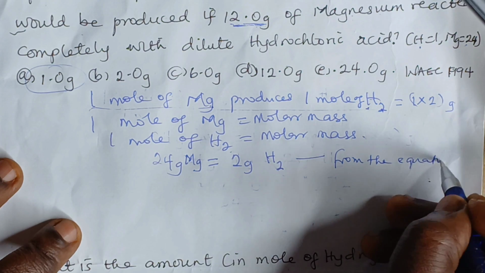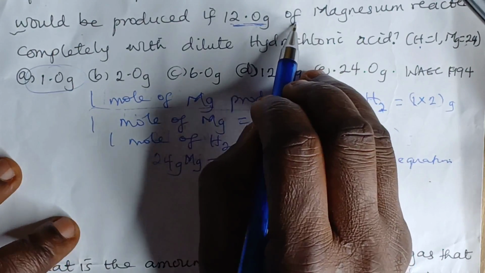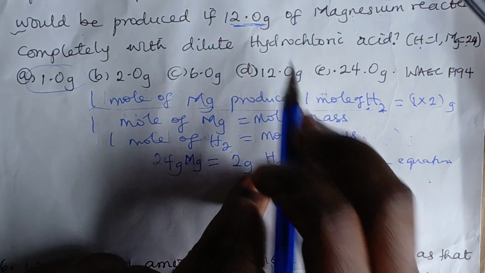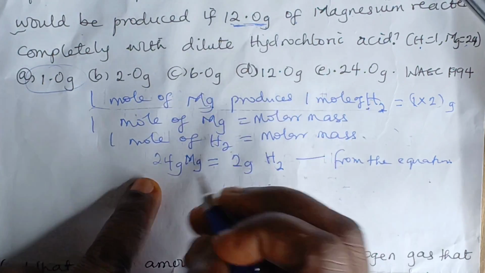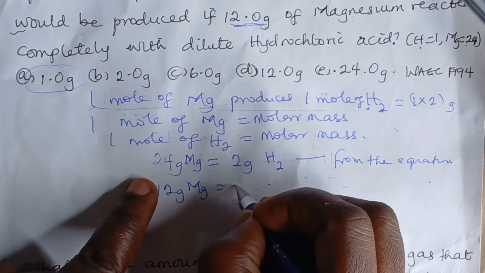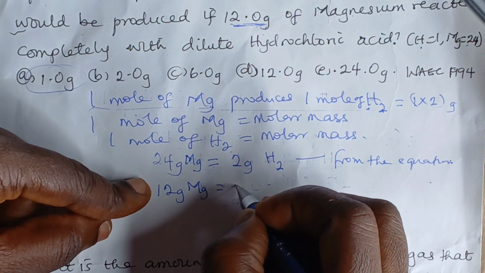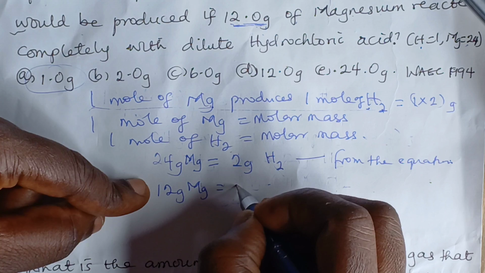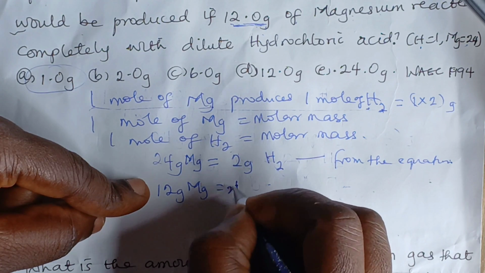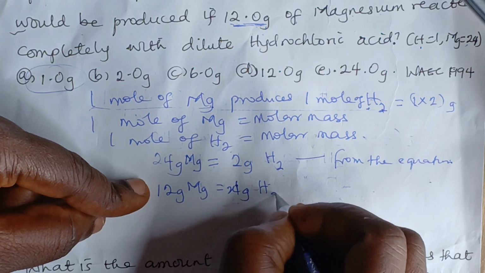The next part will now be from the question. What mass of hydrogen? Hydrogen is on this side. Magnesium is on this side. So 12 gram magnesium will produce what mass of hydrogen? That is the question. X gram hydrogen.